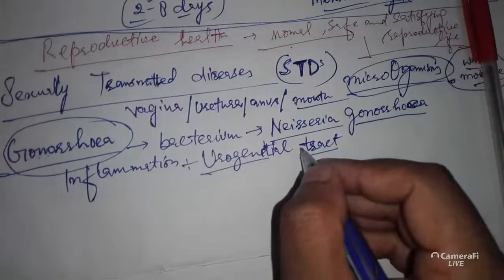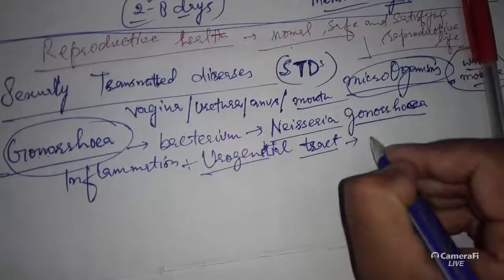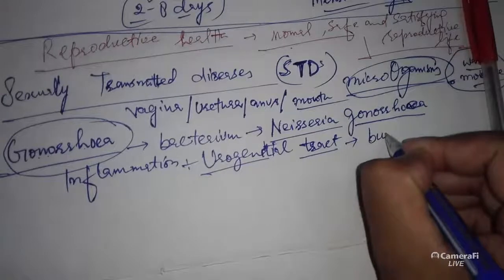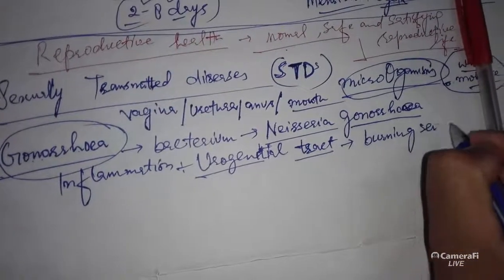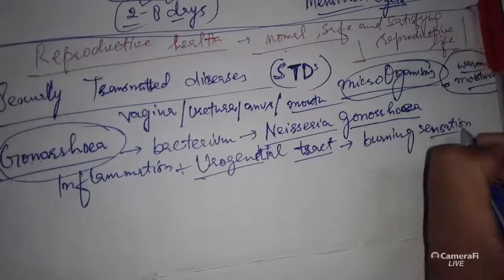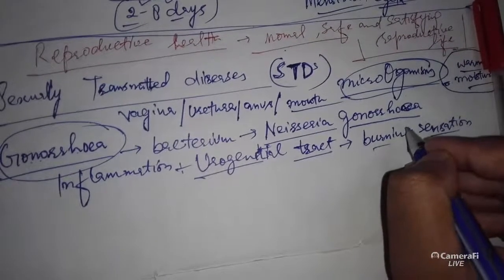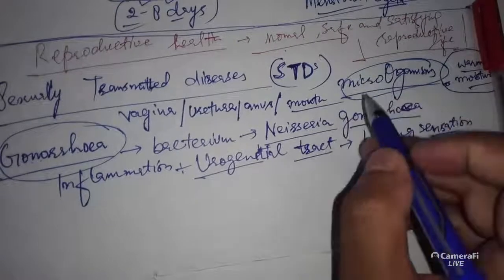Okay, and the patient feels a burning sensation because of this infection. The burning sensation will be there when you go to the toilet for the urination process. During the urination, this bacteria infects the ureter. Mostly it will infect the ureter.